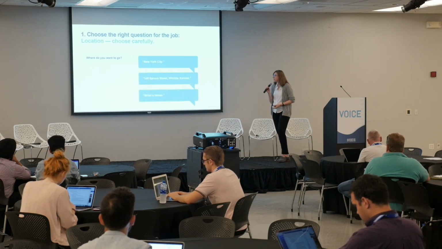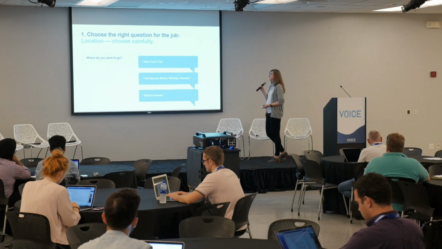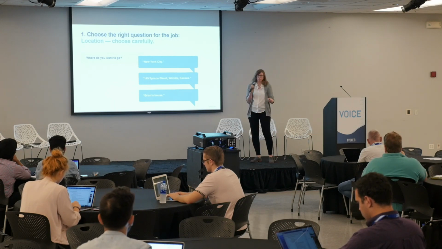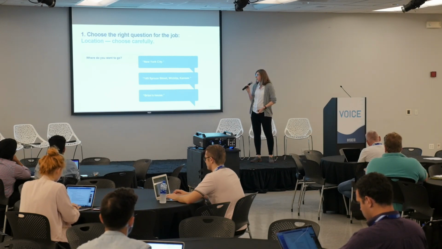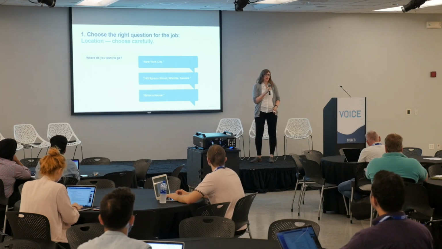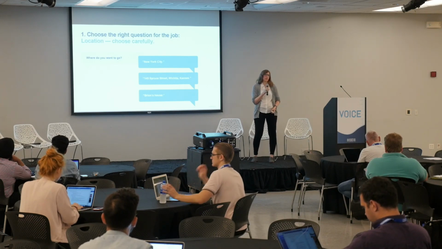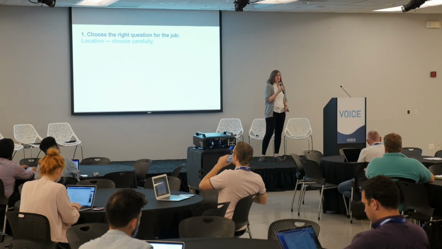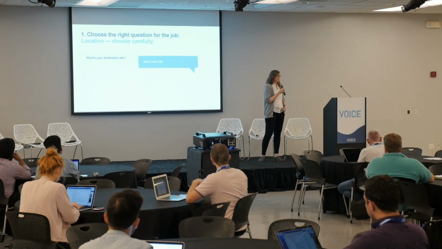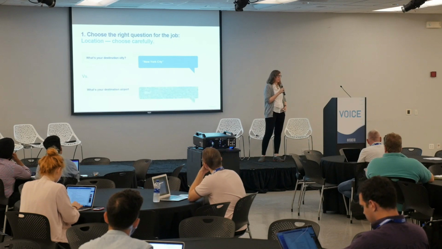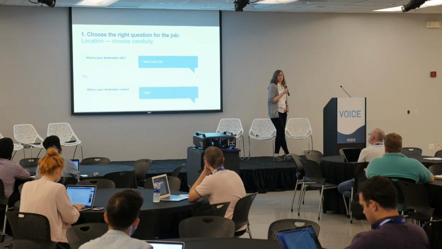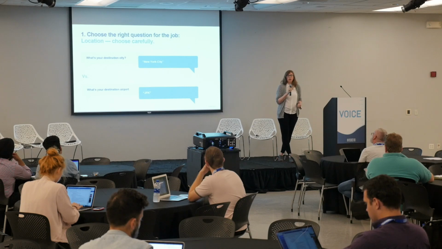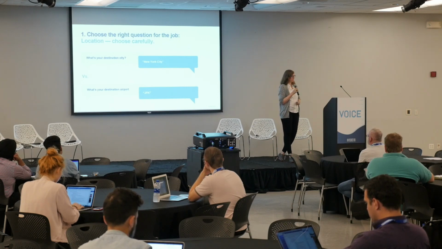If you don't give the user any context, they could say New York City. They could say an address, or they could say Brian's house if they sort of have an assumption that your skill can be that specific. So with location questions, you do want to be specific about what kind of information you're trying to elicit. So what's your destination city versus something like what's your destination airport? You want to be as specific as possible.